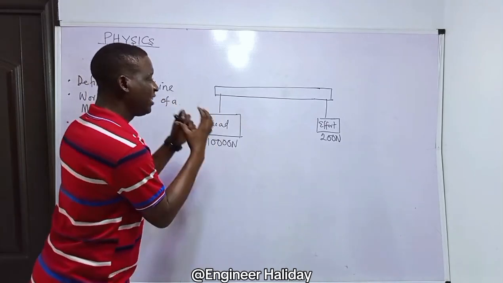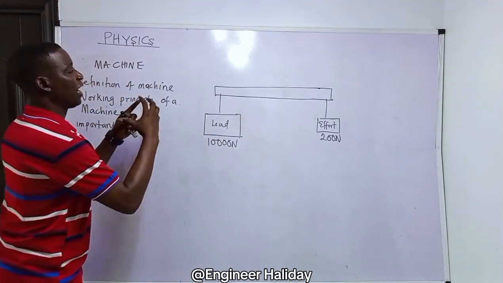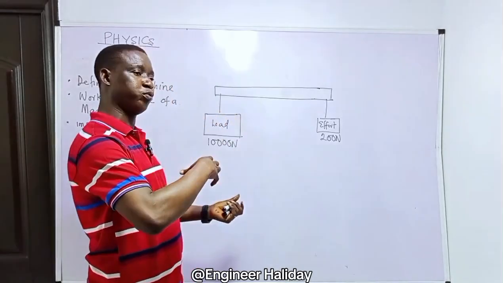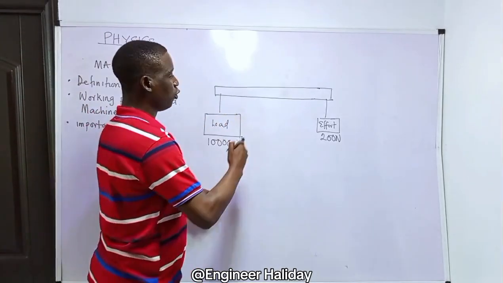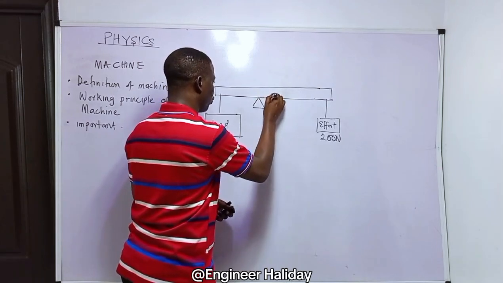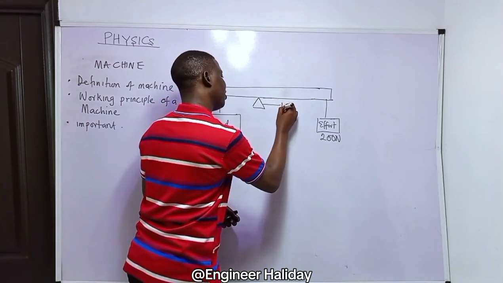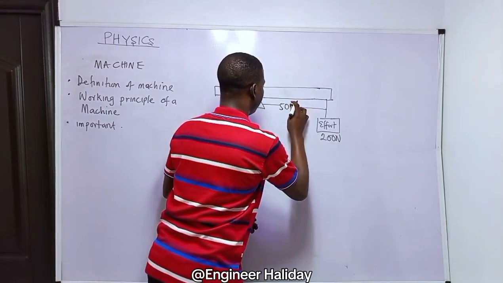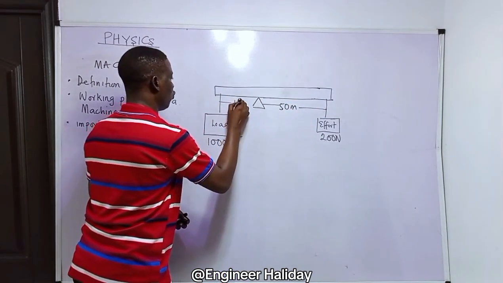Now, we ensure that we achieve the working principle of work output equal to work input. What I will do is this: I will put the pivot, or fulcrum, and balance this place with 50 meters, and I will put the load at 1 meter.